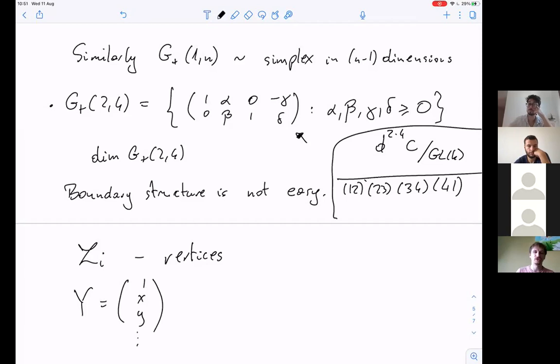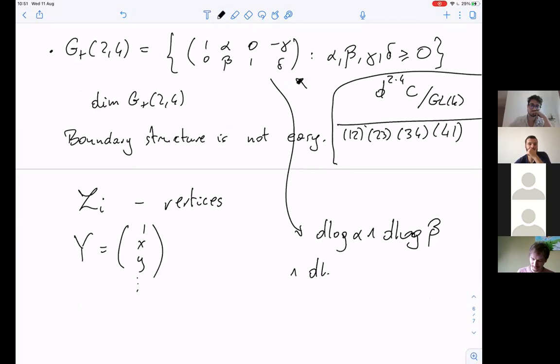So what do you need to do? You need to pick some parameterization. You describe your positive Grassmannian in some very particular way. And in this particular parameterization you will find some differential form. In this case, the differential form will look like something d log alpha, d log beta, d log gamma, wedge d log delta.